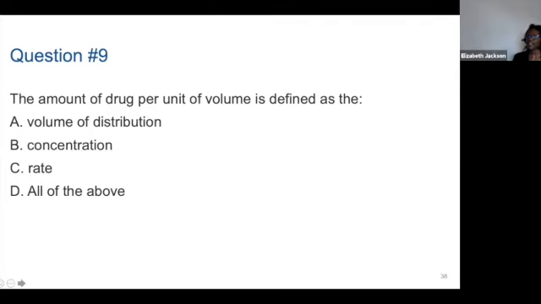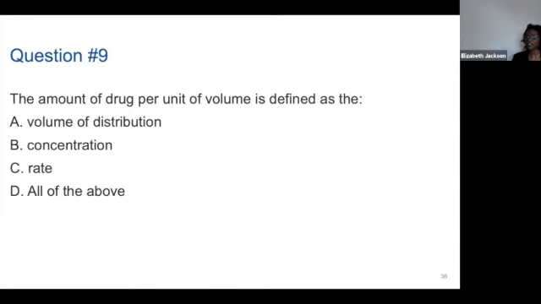Question number 9. The amount of drug per unit of volume is defined as: A, volume of distribution, B, concentration, C, the rate, or D, all of the above?